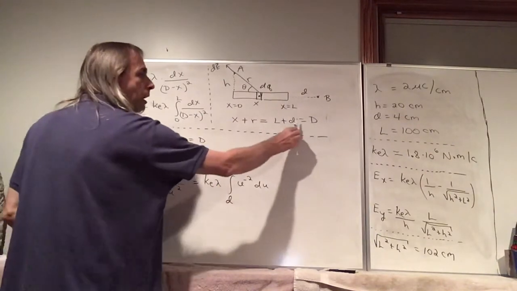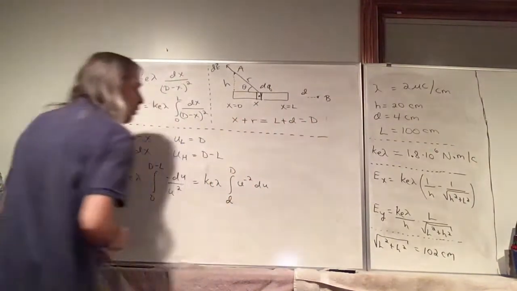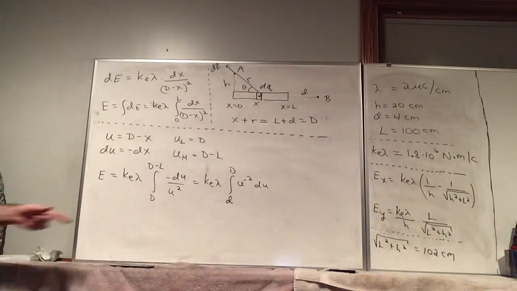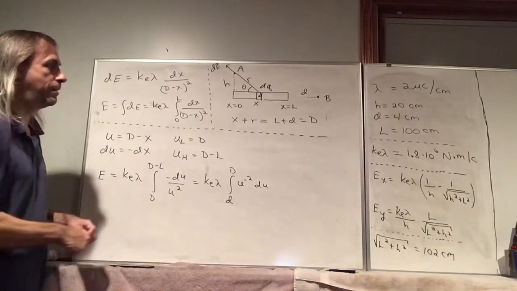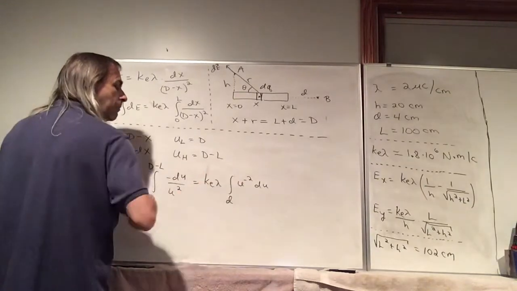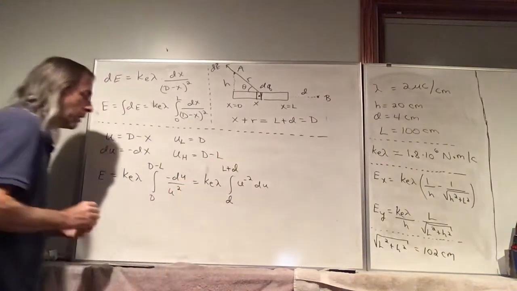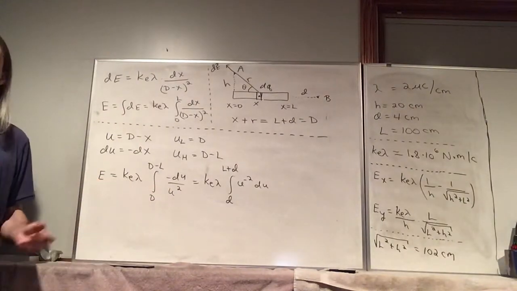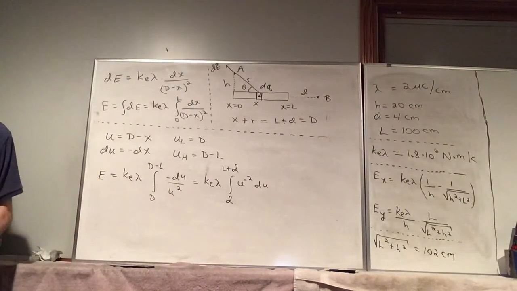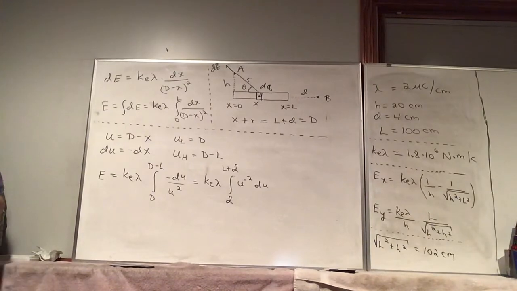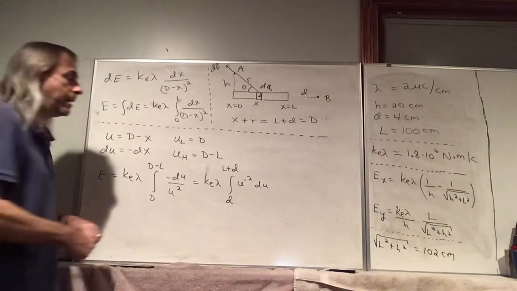So we could have d, and then this one is L plus d. And then the u squared in the denominator made that u to the -2 du. So now let's do the integral.